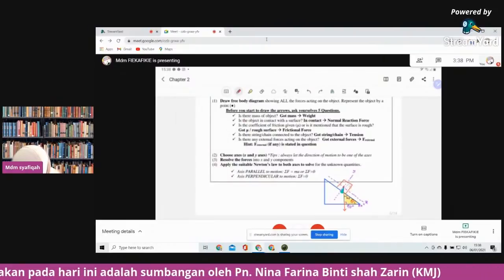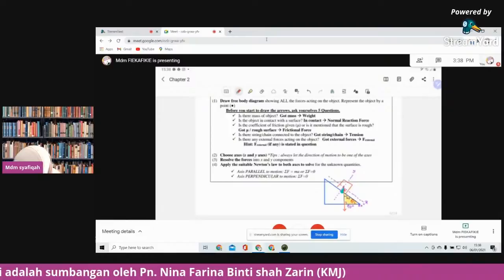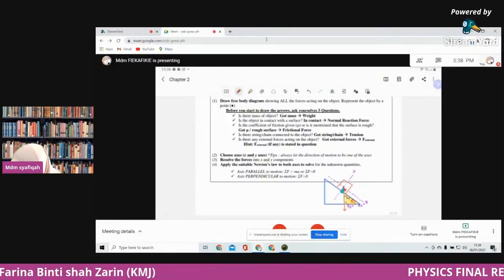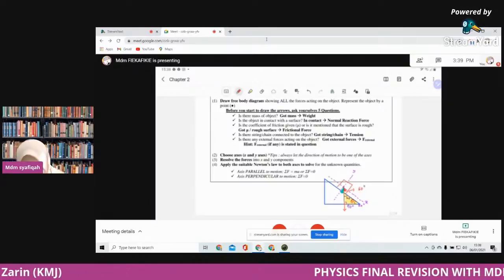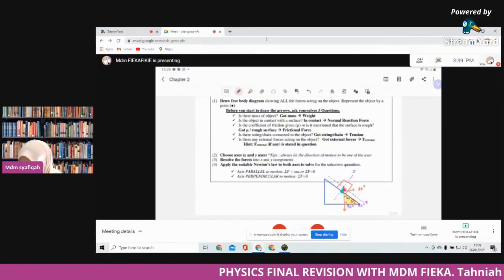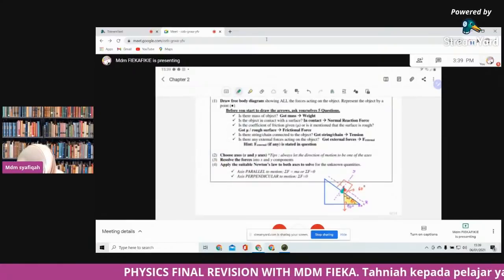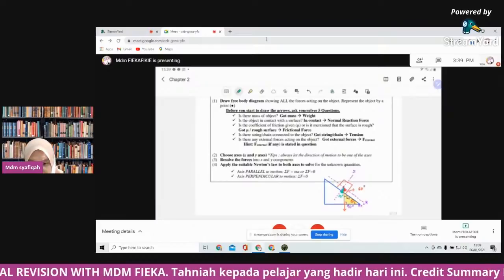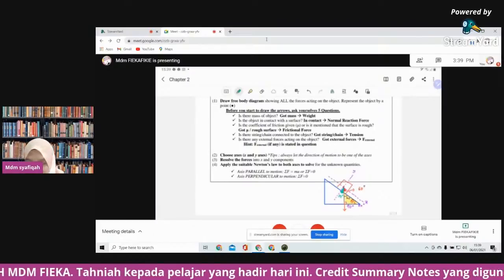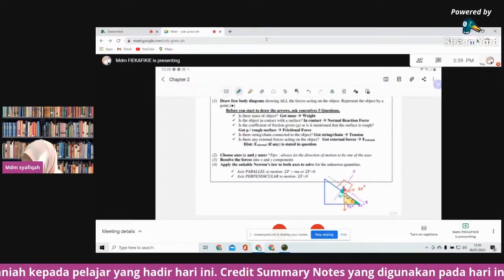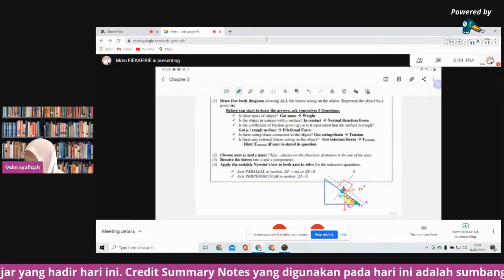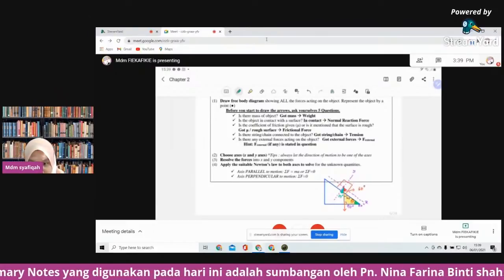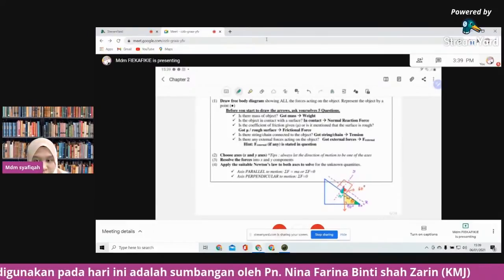So sini pun mesti 60 degree juga. Nampak tak yang saya colourkan dengan warna merah ni? This one is 60 degree. Okay. So yang colour hijau tu akan jadi, this one should be 30 degree. Okay. So if the question give you the angle of the inclined plane here, angle here is equal to this one. Rapat ke sini, 30 degree. Bukan yang dekat belah yang merah tu.